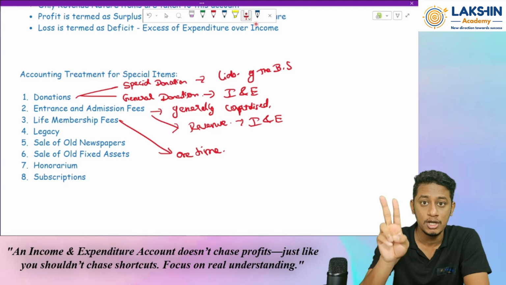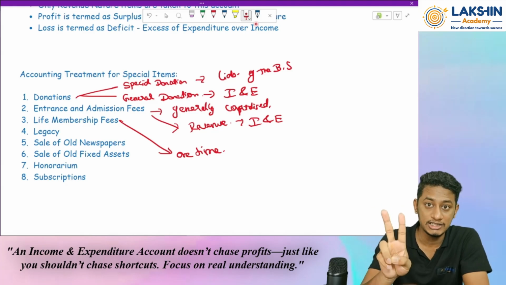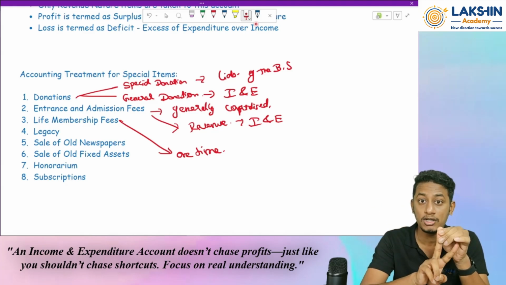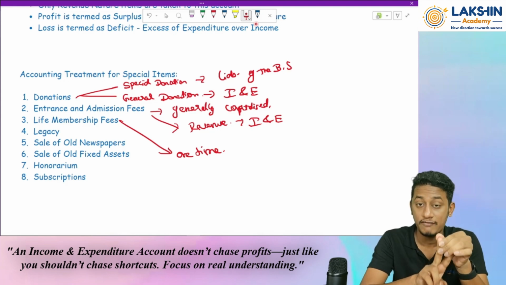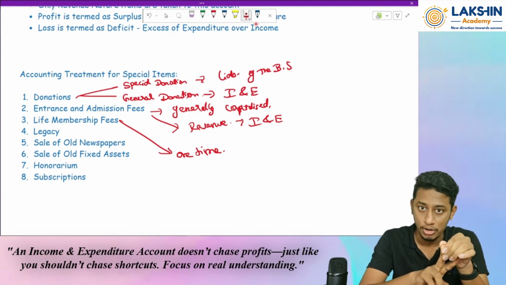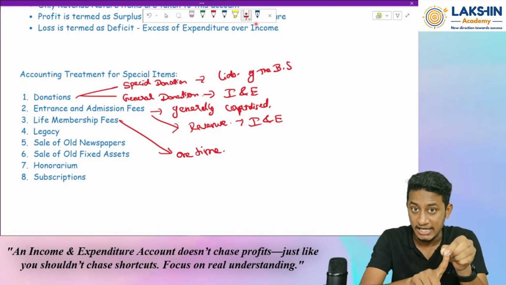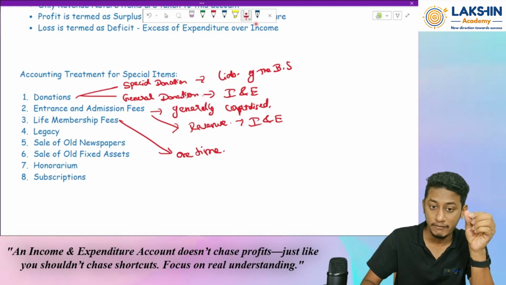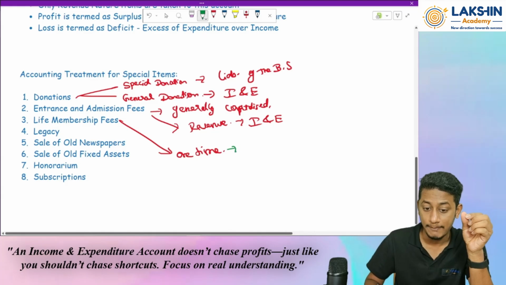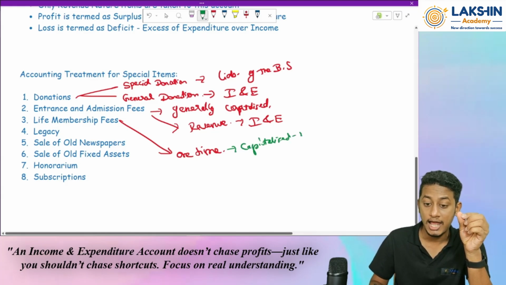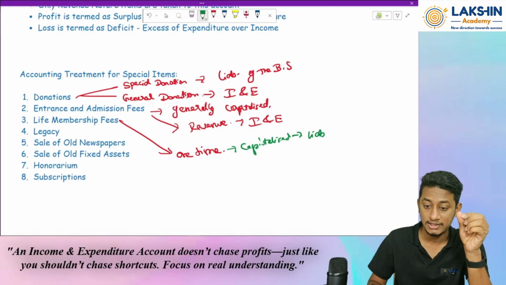We had two main criteria. One was recurring, and the other was the quantity of the amount, whether it's a big amount or a small amount, and whether it's benefiting for the long term or not. In this case, it is received on a one-time basis, so this one-time amount will be capitalized in the balance sheet on the liability side.